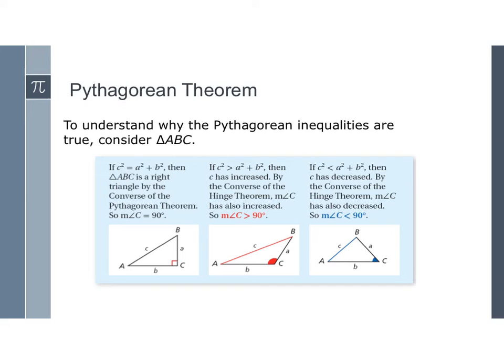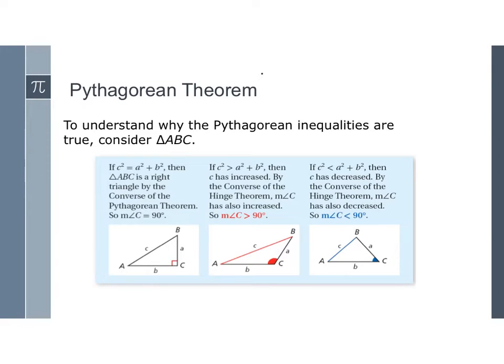All right, so to understand why the Pythagorean inequalities are true, consider this. We've actually talked about Pythagorean triples in a previous lesson, but they're important to know because they help us determine whether or not we have a right triangle.